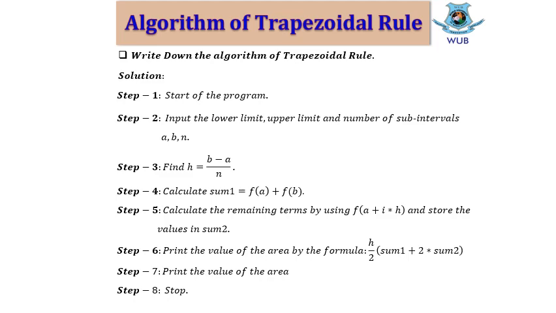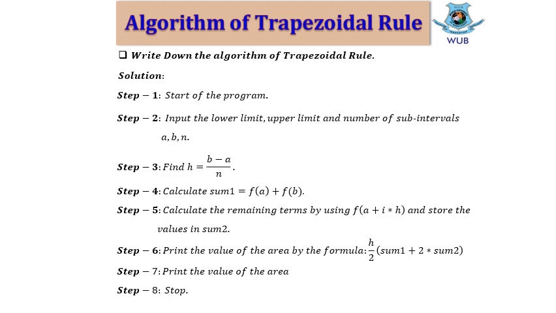Okay, now calculate the value of the function of A and the function of B, add them, and put the value in a variable which is denoted by sum1. Then calculate the remaining terms by using f(a plus I into h).